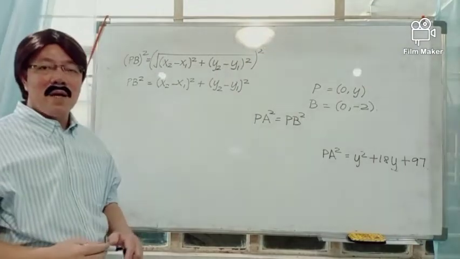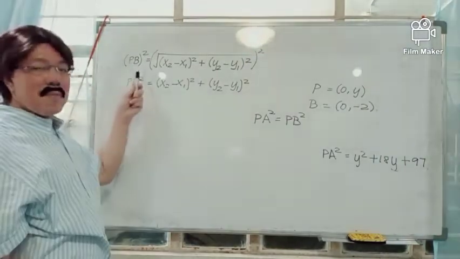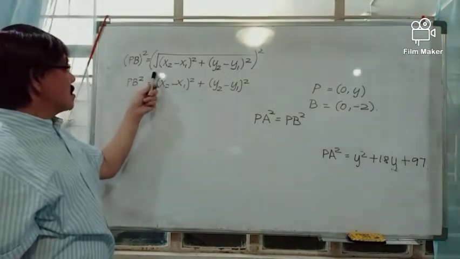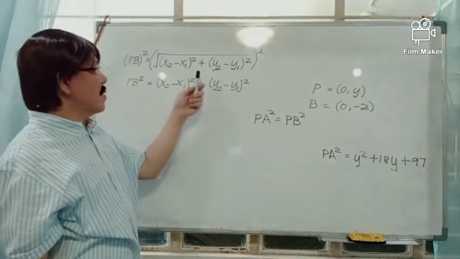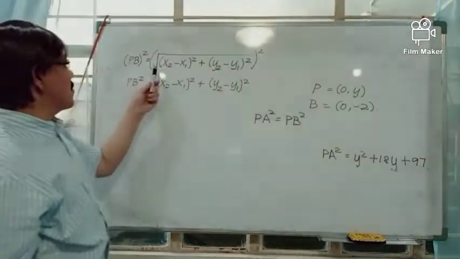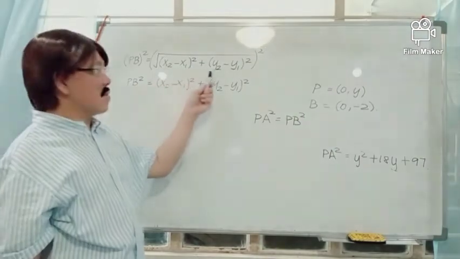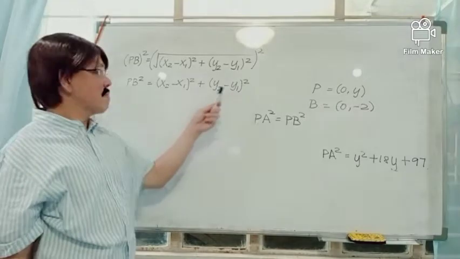Thus, the square of the distance between points P and B is equal to this expression. By property of radical, the square of the root of this expression is equal to this expression, the radical.